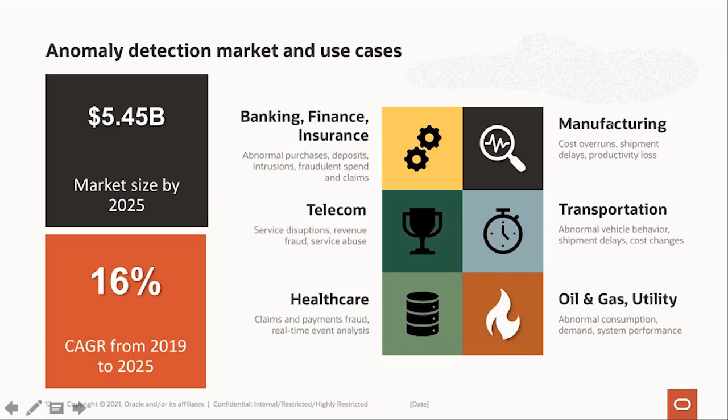Manufacturing has quite a number of use cases around product quality, operational efficiency, and factory uptime. Transportation has a lot of use cases around vehicle behavior as well as shipment delays. And in oil and gas and utilities, because they have remote assets that are typically connected, you immediately have quite a number of use cases for monitoring those remote assets using anomaly detection.